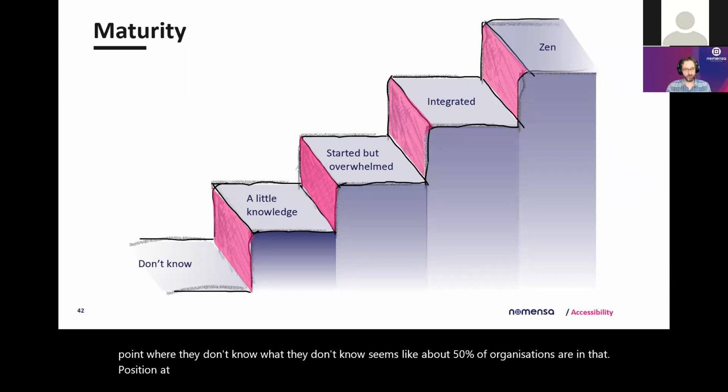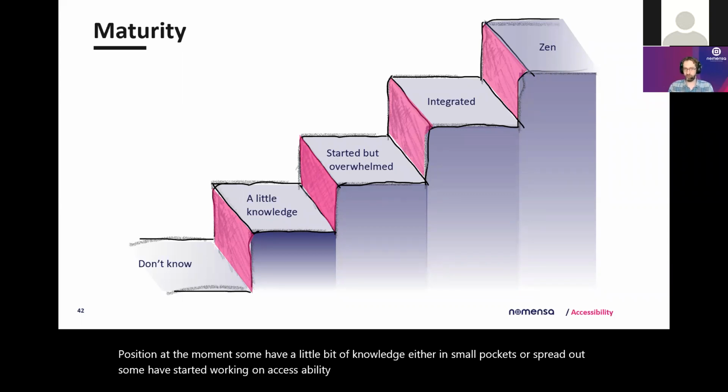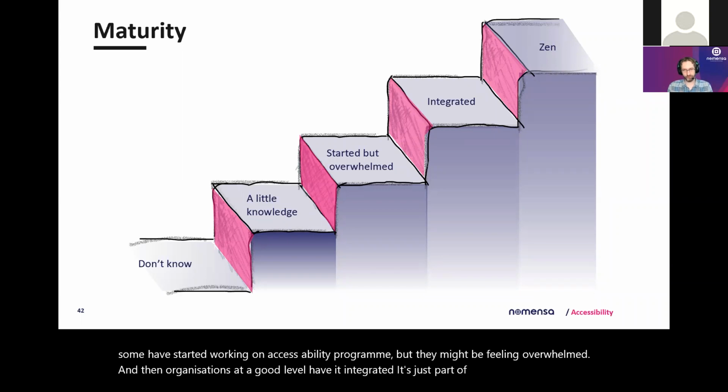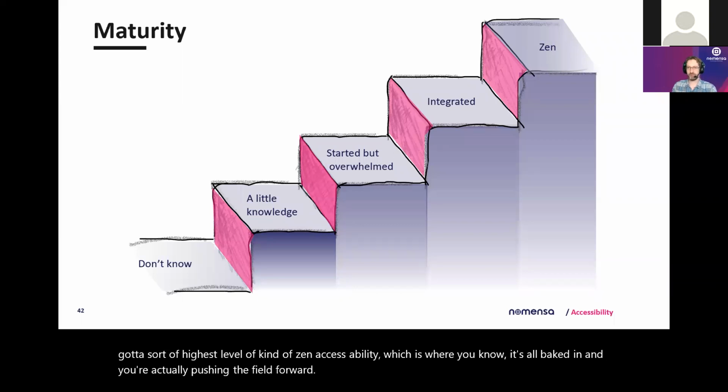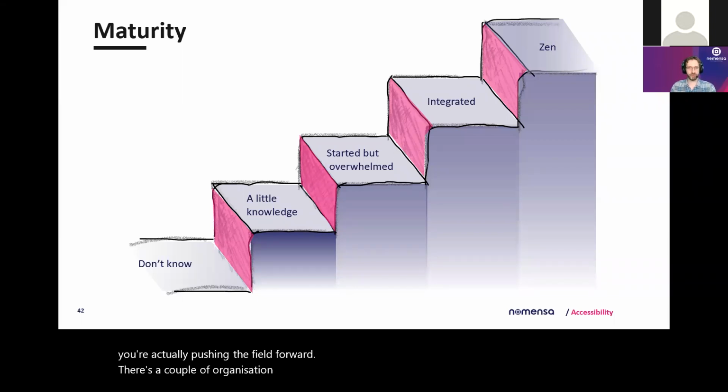Some have a little bit of knowledge, either in small pockets or spread out. Some have started working on an accessibility program, but they might be feeling overwhelmed. Organizations at a good level have it integrated. It's just part of the process. Then I've got the highest level, kind of Zen accessibility, where it's all baked in and you're actually pushing the field forward. There are a couple of organizations we've worked with like that.